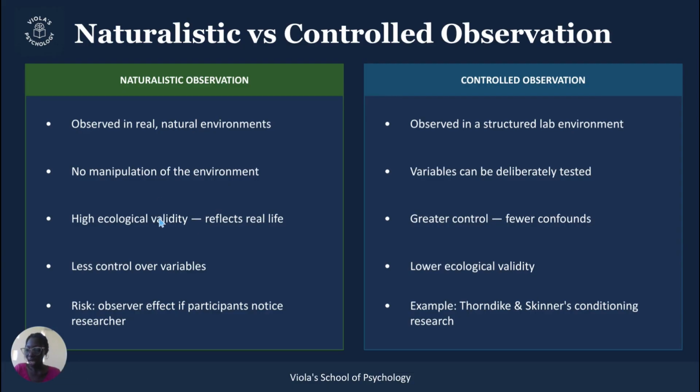And remember, I told you validity is whether a study or test is measuring what it says it measures. So the validity in naturalistic observation is very high, because what you see is exactly what you are measuring. I hope you get that. Now the trade-off is that there is less control over what variables are present.